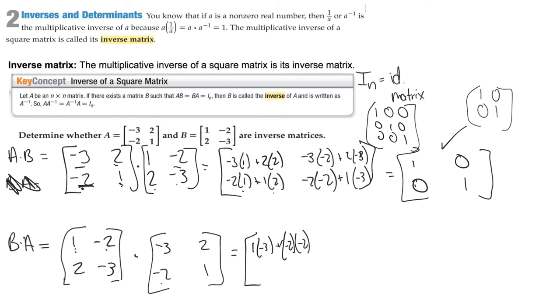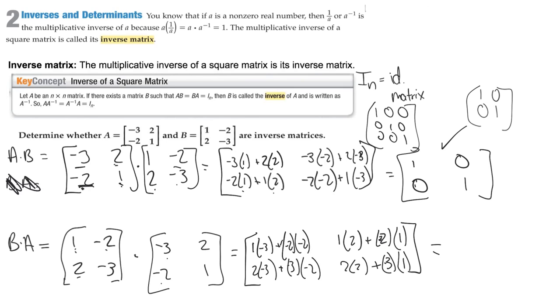Then I'm doing 1 times 2, and negative 2 times 1. That's my top row. Then I do 2 times negative 3, plus negative 3 times negative 2. Then 2 times 2, and then negative 3 times 1.